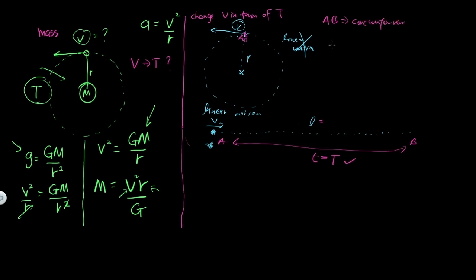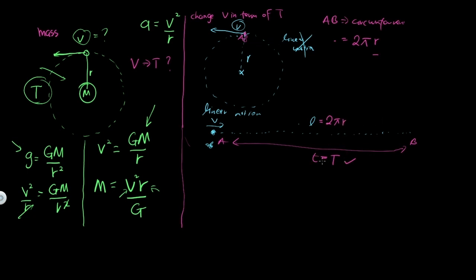But we know that to get the value of AB, we have one formula. So what is the formula of circumference? Equals 2 pi r. So L in terms of radius, we change in terms of radius because we know the value of radius here, so it is equivalent to 2 pi r.